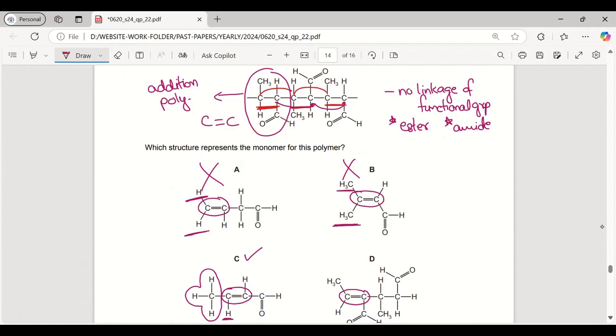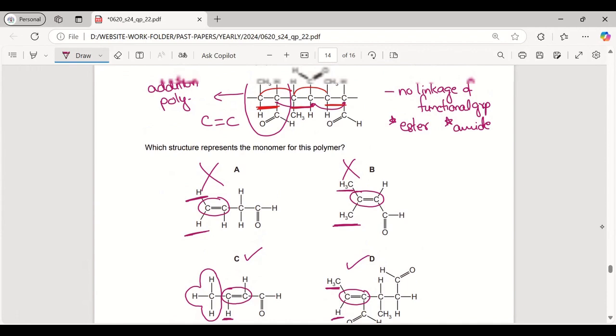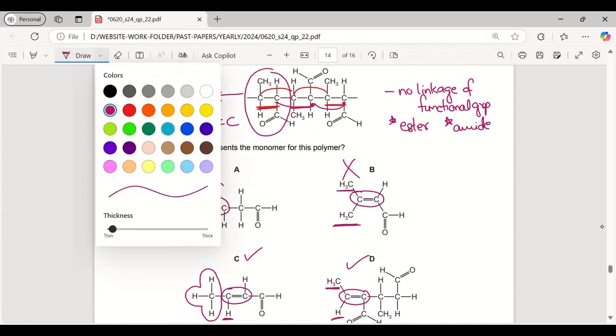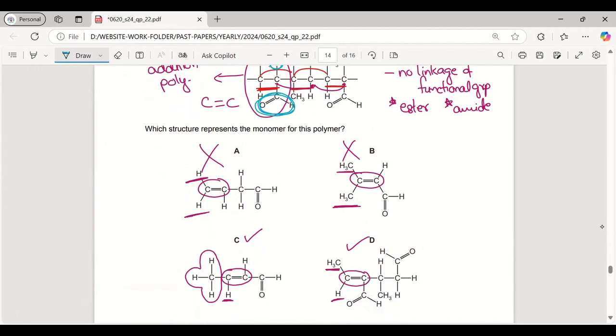For part D, you can see that there is one hydrogen and one CH3. It can also be the answer. Let's see the other carbon. On the other carbon, there is one hydrogen and there is COH attached. So we have to see the other carbon in C or D. In C, there is a hydrogen and COH attached.